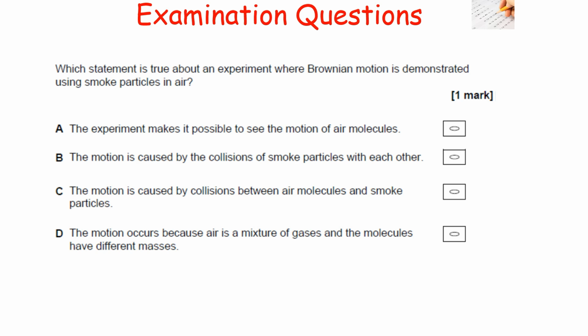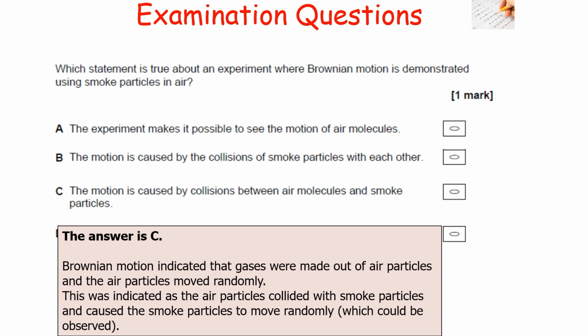The answer is C, because Brownian motion indicated that gases were made out of air particles, and the air particles moved in a random motion. This was indicated as the air particles collided with the smoke particles and therefore caused the smoke particles to move randomly because they're being hit randomly by the air particles. We could observe the smoke particles moving randomly and then work out that air particles existed. So the answer was C.